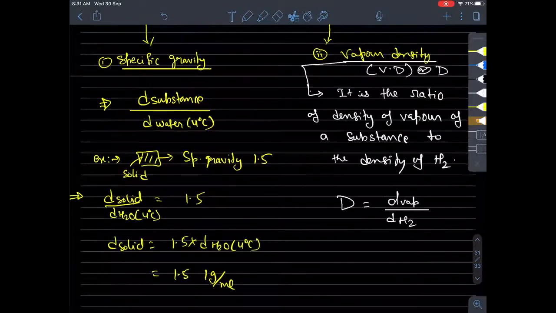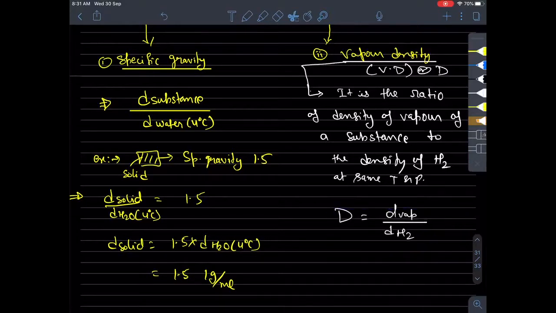Now the question arises, as you said that temperature and pressure will greatly affect the density of the hydrogen, so are they at different temperature and pressure? No, at the same temperature. You can add the density of hydrogen at the same T and P, same temperature and pressure.